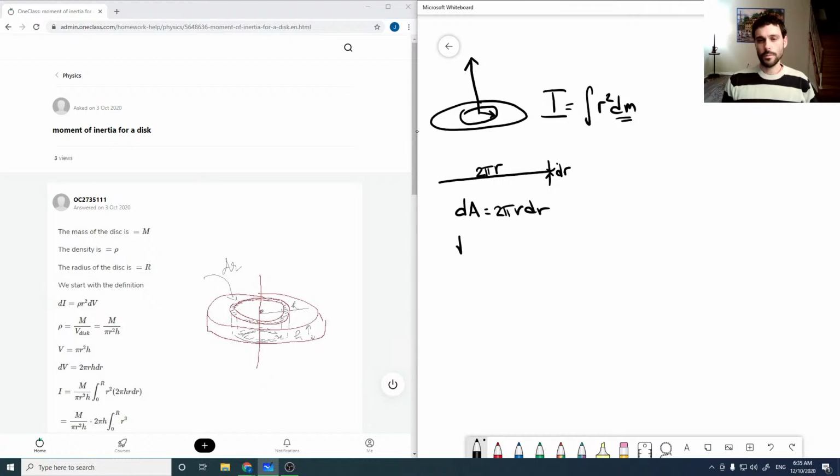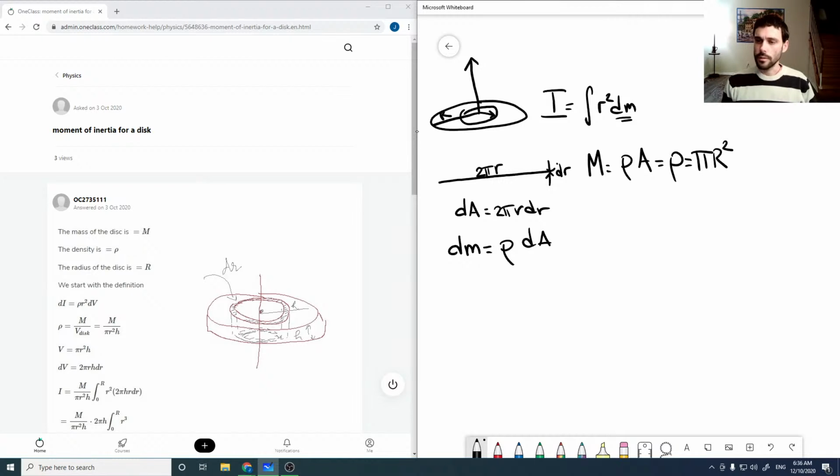So this would translate to some small amount of mass by multiplying by the density, where for the full disk, I'm going to use capital M just to differentiate, the mass is the density times the area, which for a disk is the density times pi R squared, where R here is the full radius.